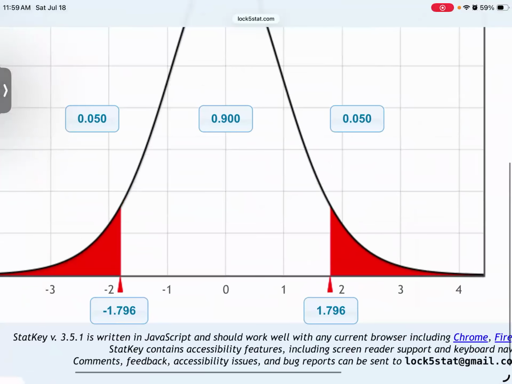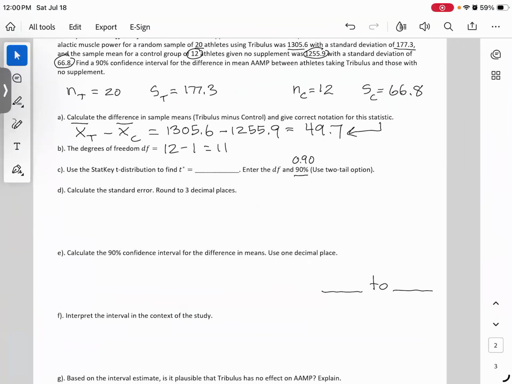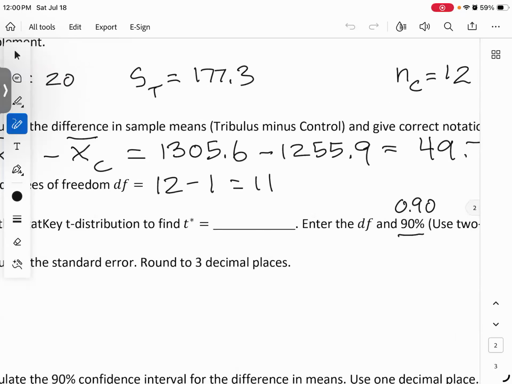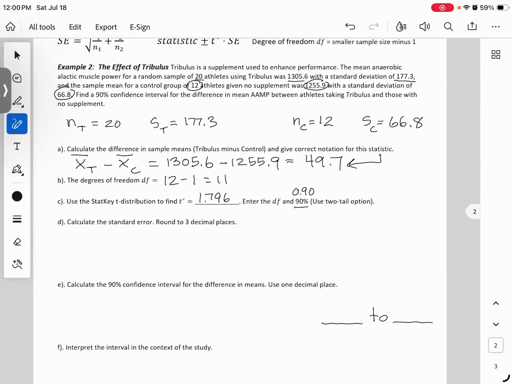And then down there at the bottom, you can see the 1.796. And again, there's a minus because we're going to do a minus version and a plus version. But 1.796 is the specific t star value that we would need for calculating a 90% interval for a sample size this big.